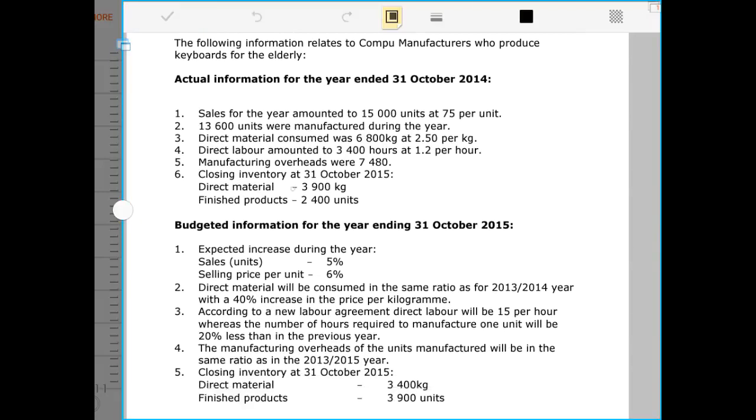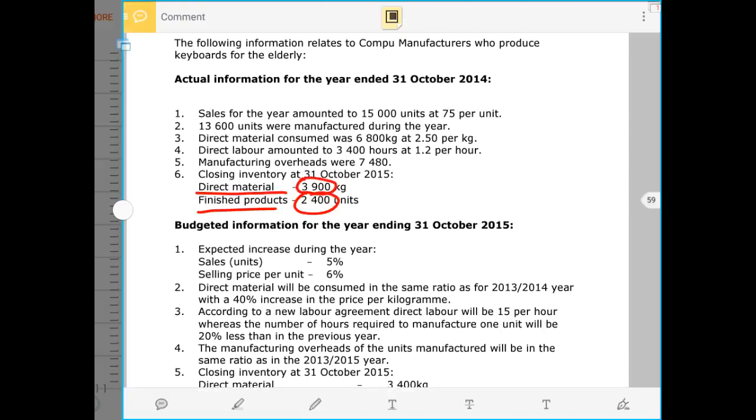So now these are the closing balance, and the closing balance in terms of direct material was 3,900 kgs, and the finished goods closing balance was 2,400 units. So now let me just make some continuation to the next part.